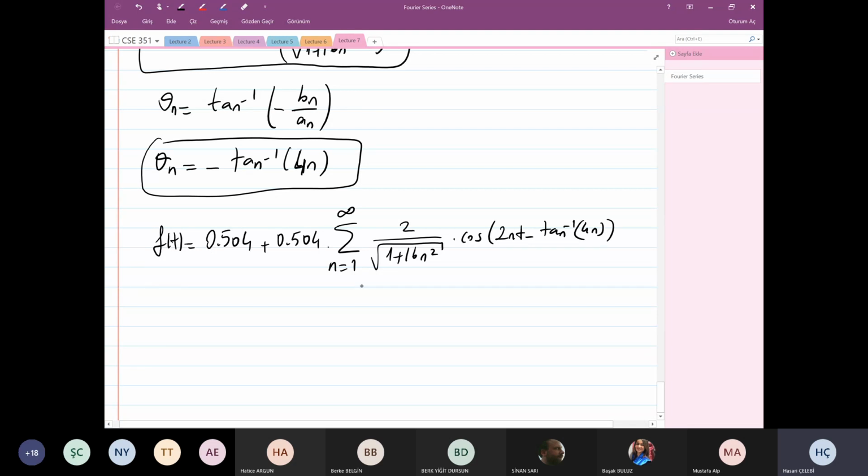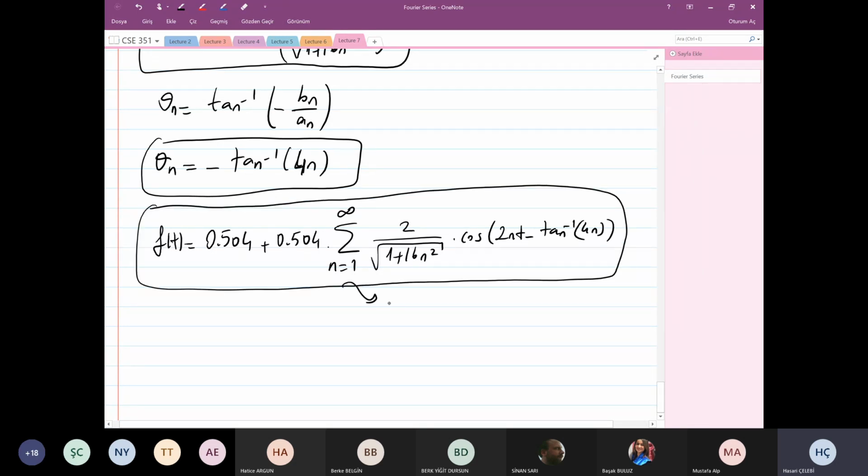So that is the compact trigonometric Fourier series that I'm looking for.